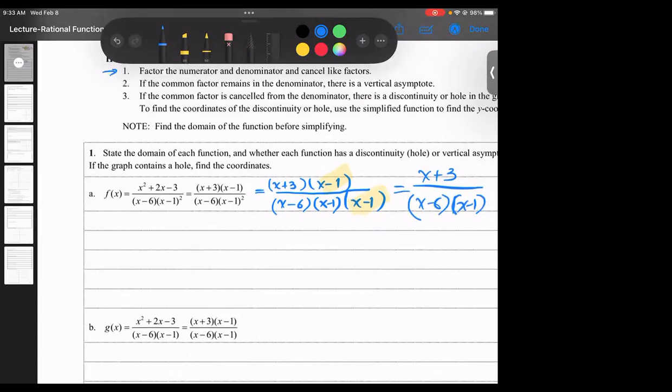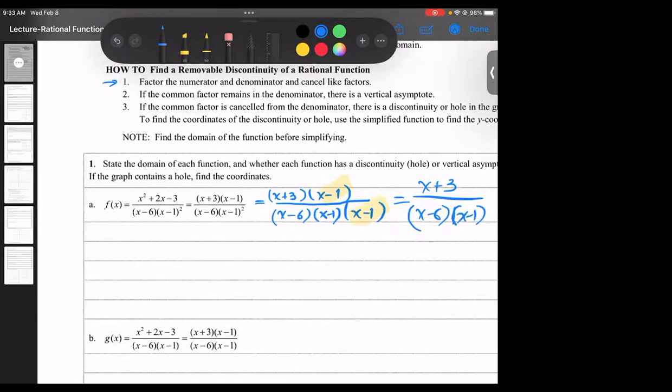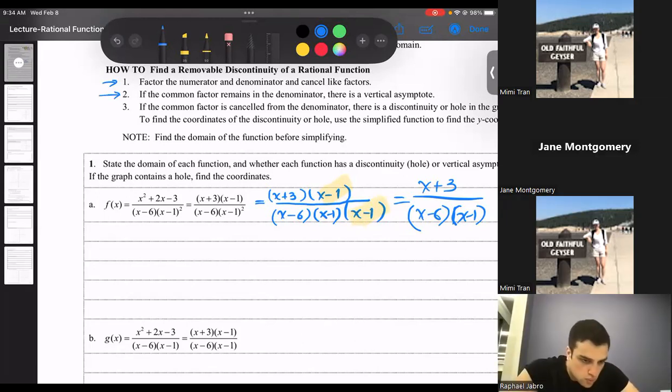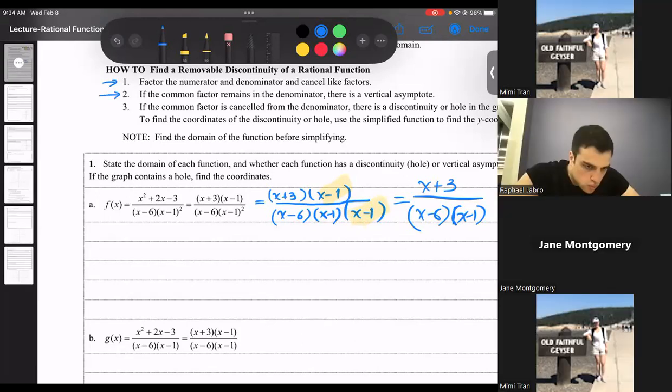So once you factor the numerator and denominator, if the common factor remains in the denominator, there is a vertical asymptote. So here in my reduced function, the vertical asymptote will be x equals 6 and x equals 1, right? Because it remained in the denominator.